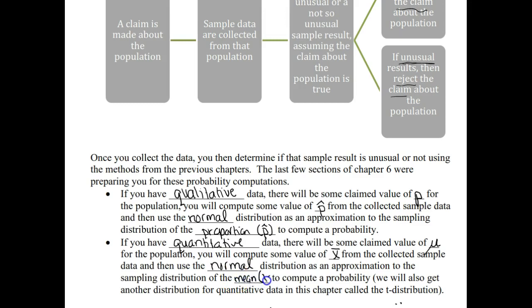Again, we're talking about a sampling distribution, the distribution of all possible values of x bar for a given sample size, to compute that probability. We're also going to get another distribution for quantitative data in this chapter called the t-distribution, and we'll see why we need that distribution when we get there. It's another bell-shaped curve like the normal distribution, but we'll look at that in a later section.